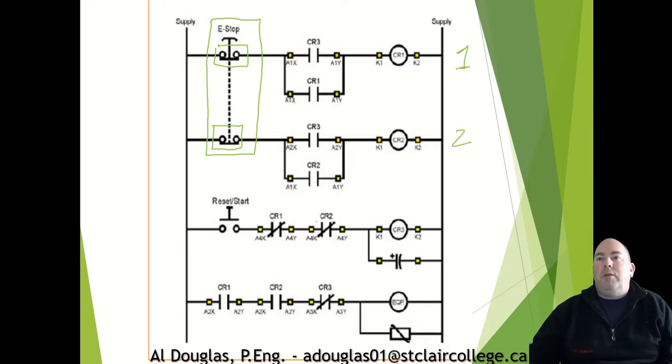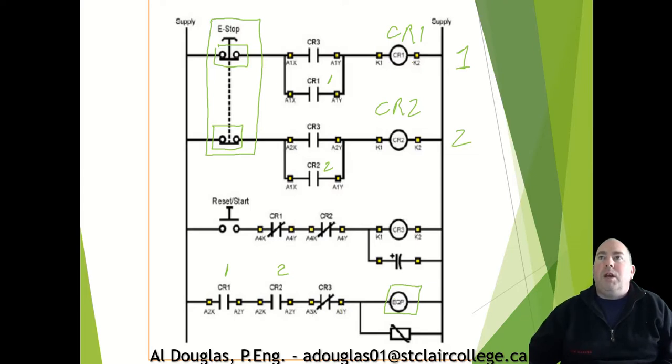What we also have here, you can see this is CR1, CR2, this is CR2, this is CR1, so those work together, and then I also have CR1 and CR2 right here. So this is my equipment. This is what I'm ultimately trying to energize. What conditions do I need to actually get power over to there?